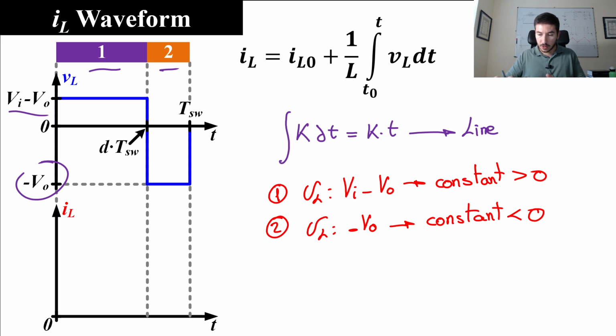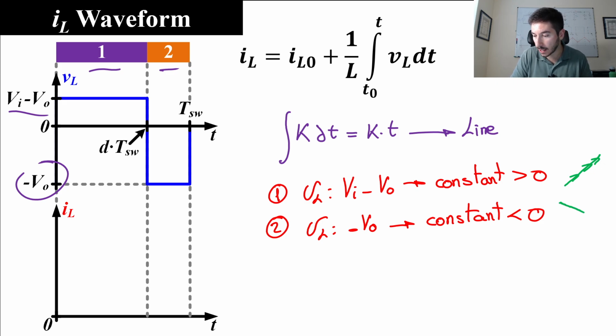Okay, so if we take that into account, it means that in state number 1, we have the integral of a positive constant value. We will get a line with a positive slope. In the second state, we have the integral of a negative constant value.